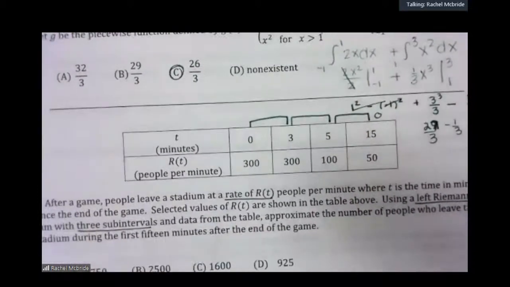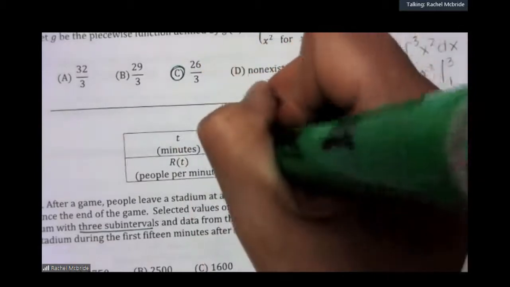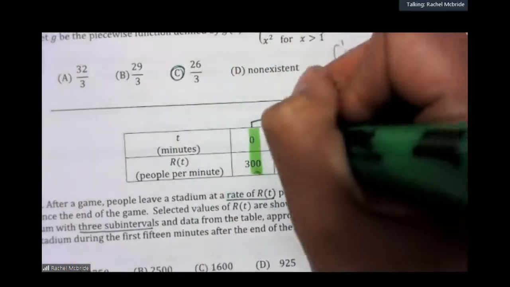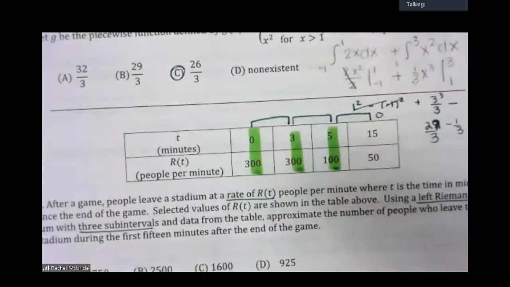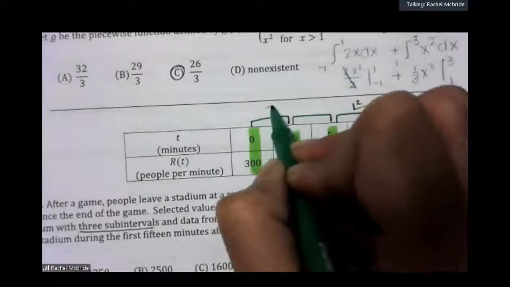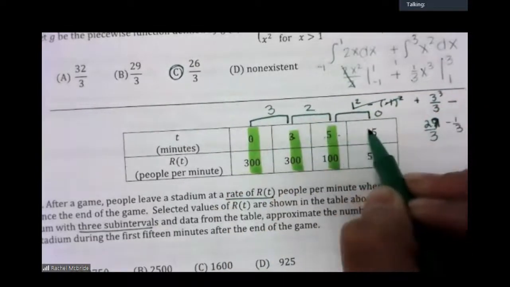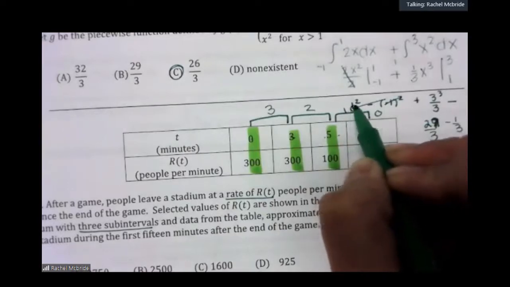It's a left sum. So that means I'm going to pick the values on the left side. So that means I'm not including the 15 and the 50 in my data points. So the width from here to here is 3. The width from here to here is 2. And the width from here to there is 10.